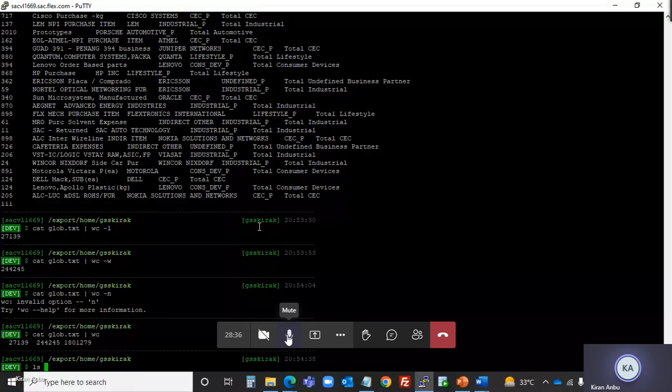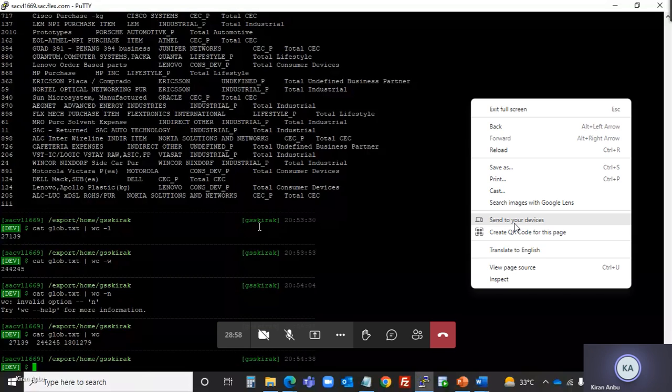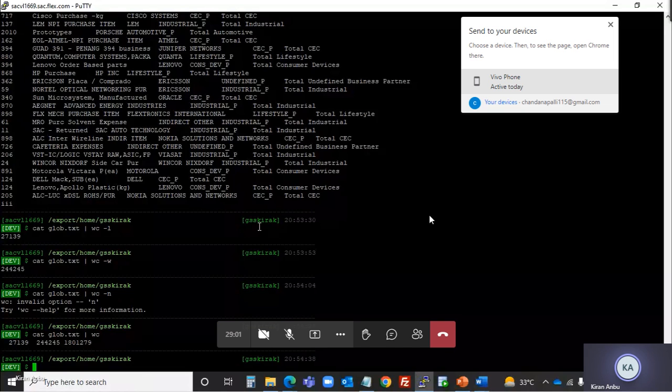You must use this pipe to get the kind of output you need. So here, for example, for the same file, globe.txt, because it has a good number of lines, I just want to display the first 5 lines, and from those first 5 lines I want to count the total letters.